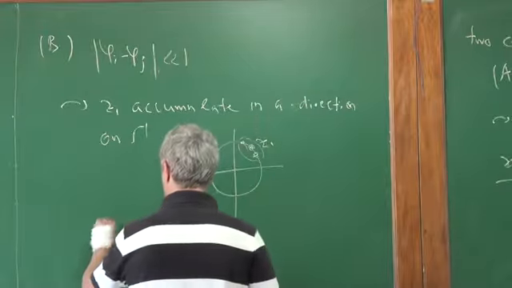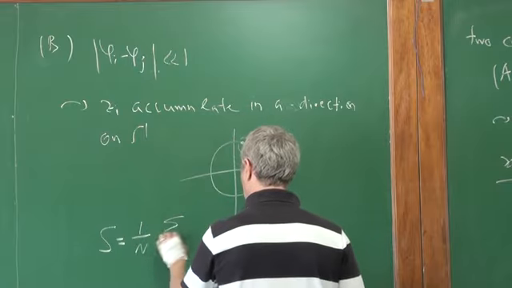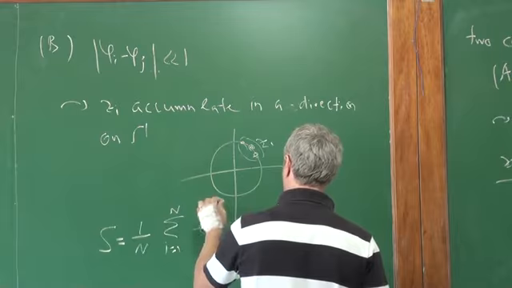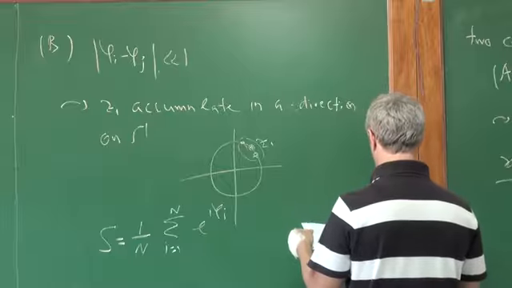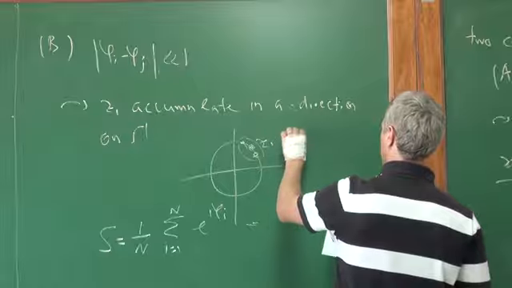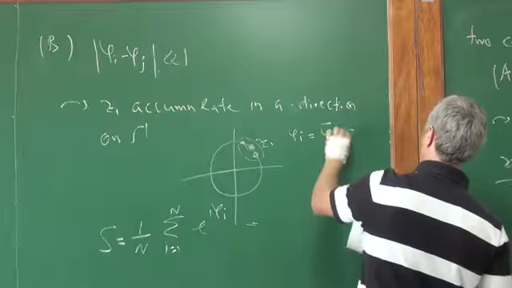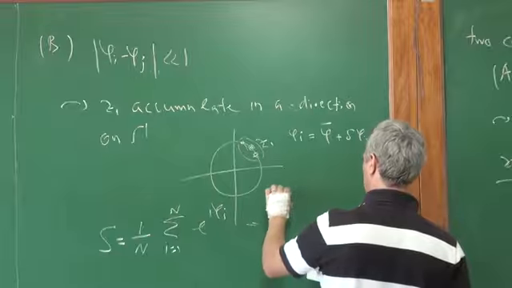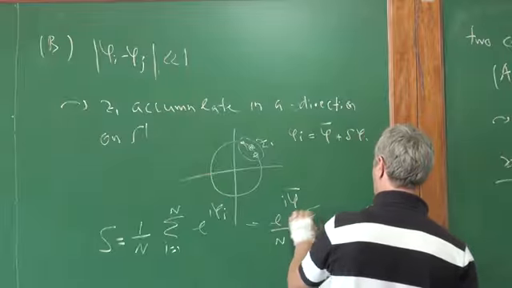Now if you have this second possibility and you look at the sum here, then you see, well, you can write every one of these phases as just some average phase plus some variation. Well, then you have just e to the i phi over n.